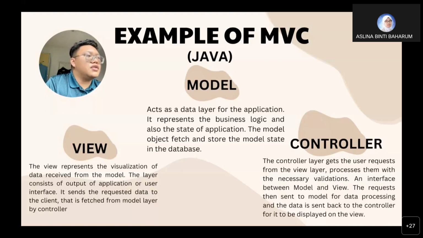The controller layer gets the user request from the view layer, processes it with the necessary validation, and interfaces between model and view. The request is then sent to the model for data processing, and the data is sent back to the controller for it to be displayed on the view.